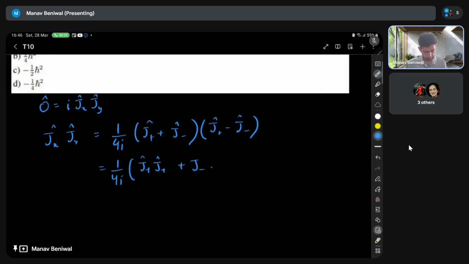1 by 4 iota, and then we will have 4 terms: J plus J plus, then J minus J plus, and then minus J plus J minus, and finally minus J minus J minus.